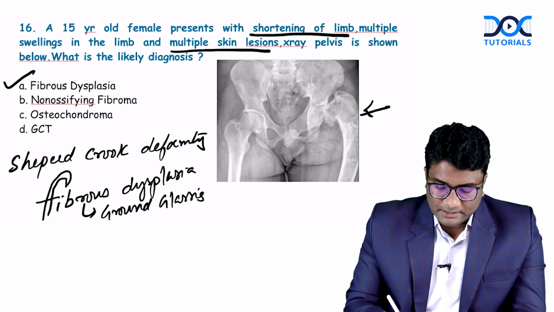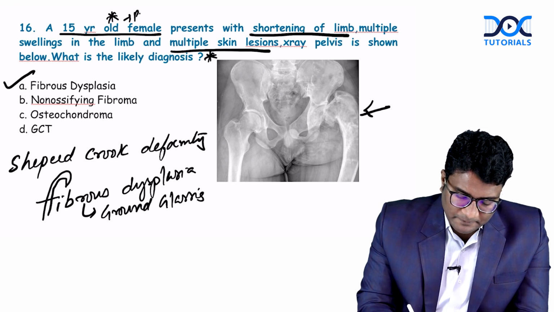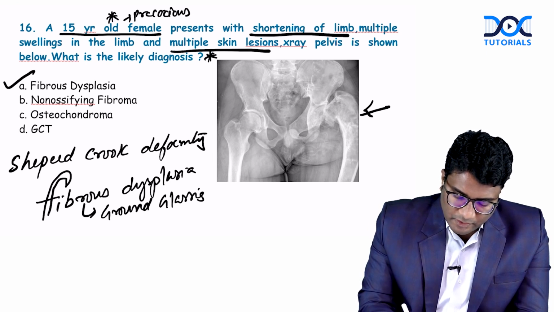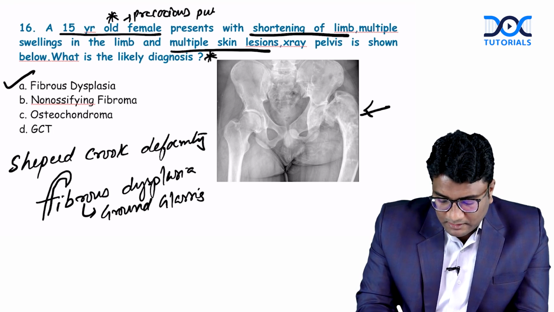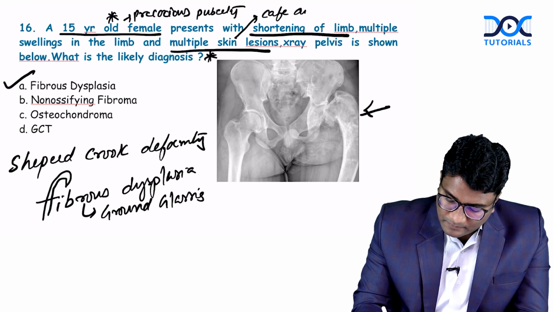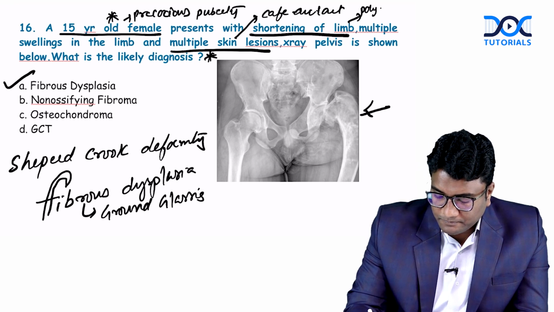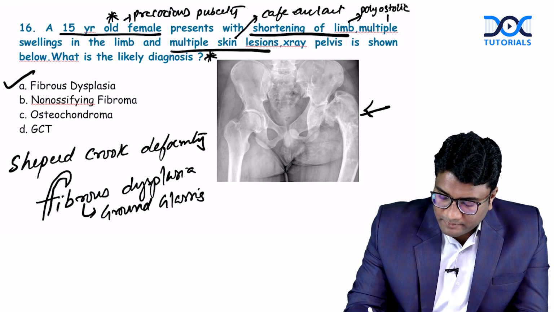And remember, this patient is a female, precocious puberty or endocrine problems in the female with café-au-lait spots and multiple bone involvement, polyostotic fibrous dysplasia.